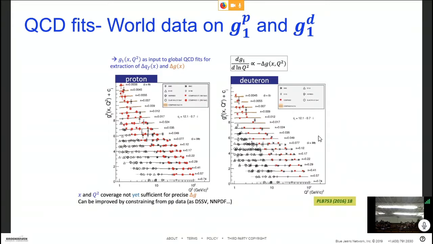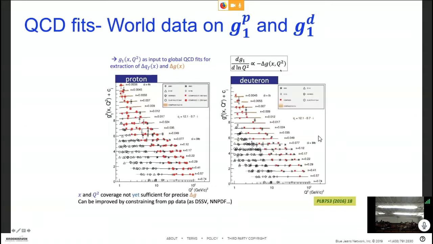The left plot is for the proton and the right plot is for the deuteron. And similarly, before I told you that the slope of the F2 structure function gave you the gluon distribution. Here, the slope of the spin structure function g1 gives you the gluon spin distribution, delta g, as a function of x and Q squared. But there is a problem. And the problem is the following.